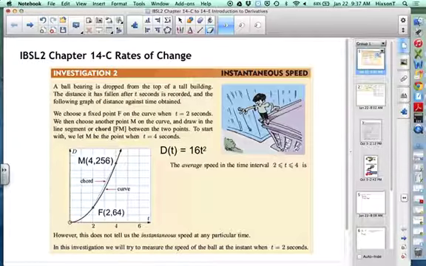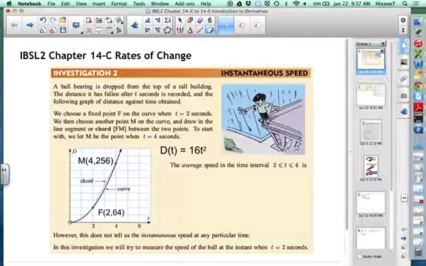The distance it's falling is increasing. And what this says is after 2 seconds, it's fallen 64 feet. After 4 seconds, it's fallen 256 feet. Okay? And so on. Now, we've chosen this fixed point F at time 2.